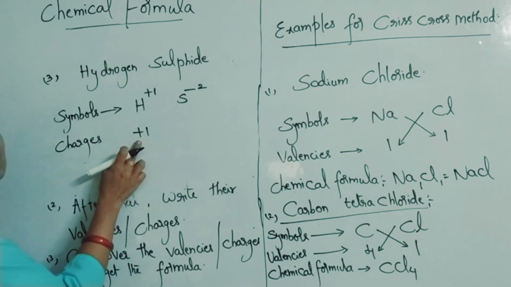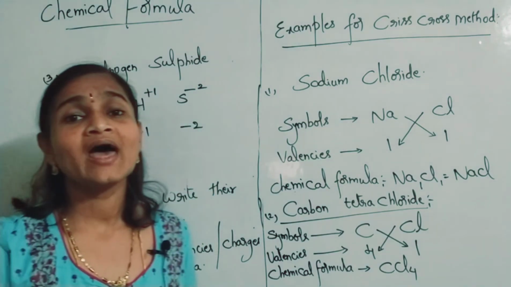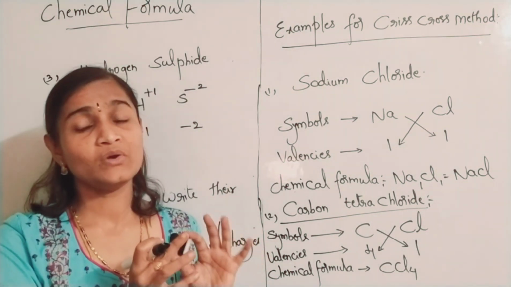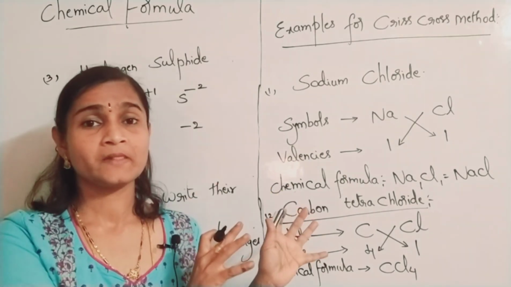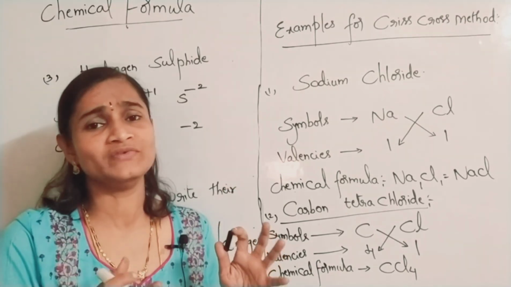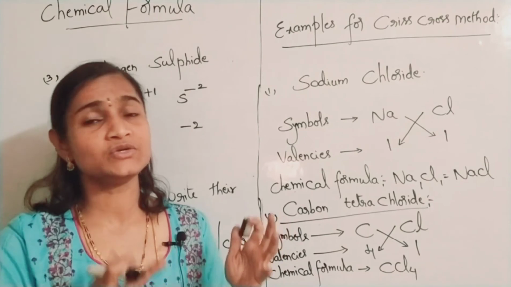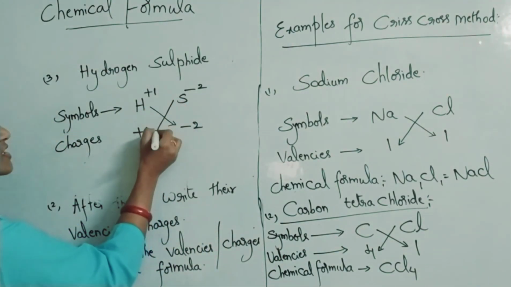Here hydrogen's charge is +1 and sulfur's charge is -2. We don't have anything to do with the charge sign, plus or minus. Keep it aside and just cross over the charges.